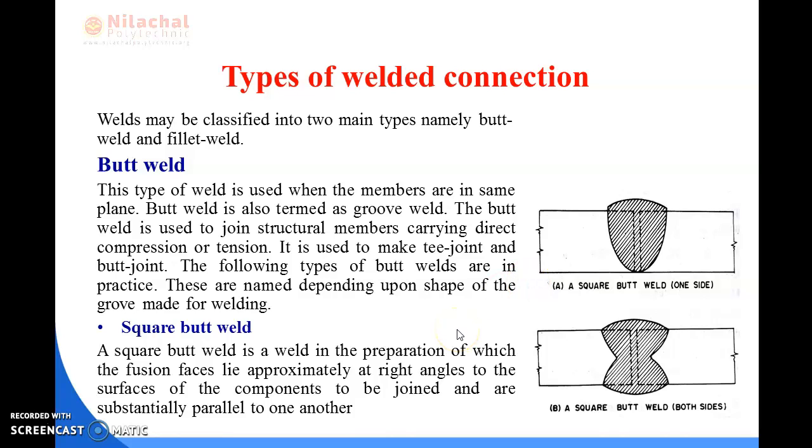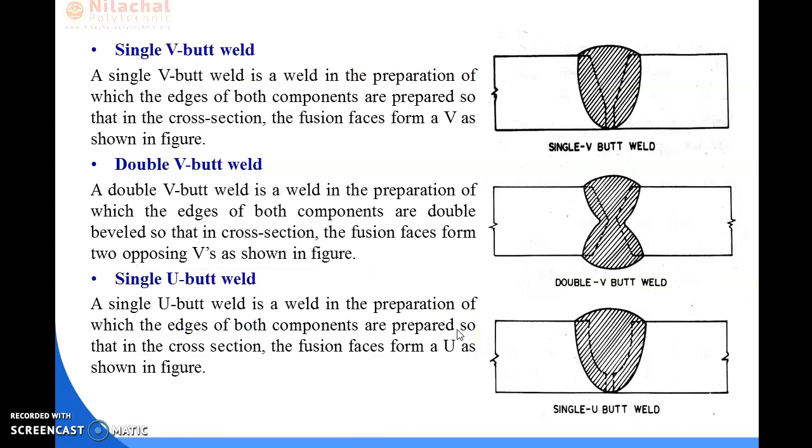Okay, now we come to the single V butt weld. A single V butt weld is a weld in the preparation of which the edges of both components are prepared so that in the cross section the fusion faces form a V, as shown in the figure.